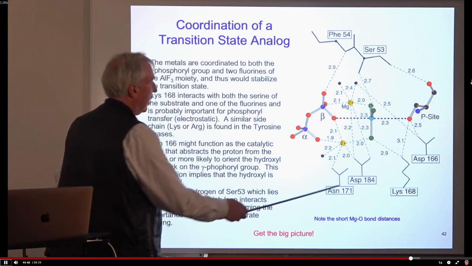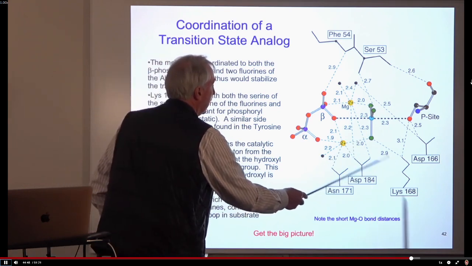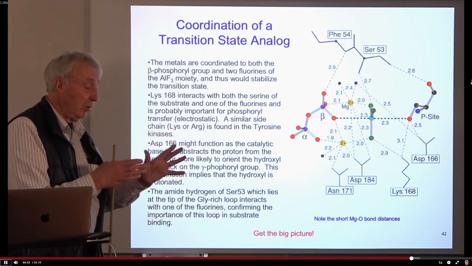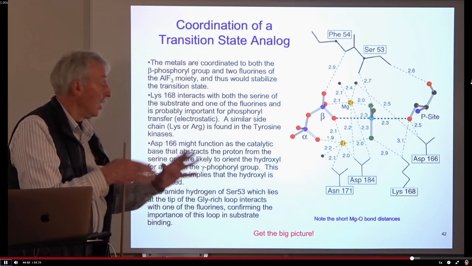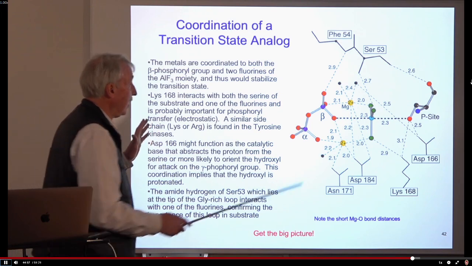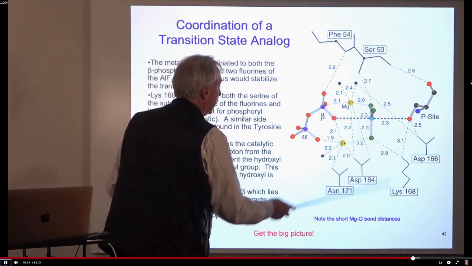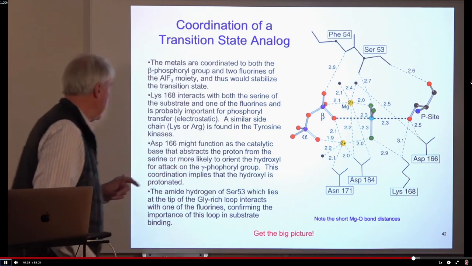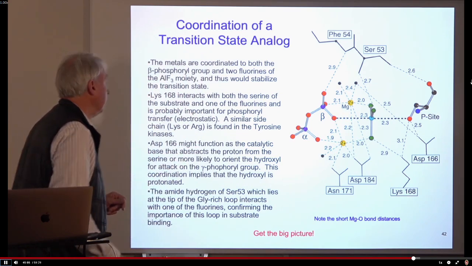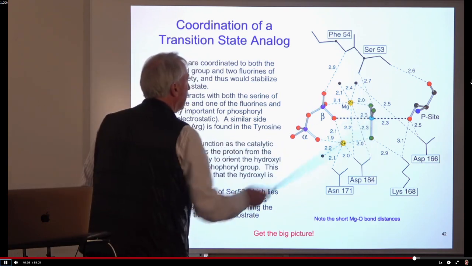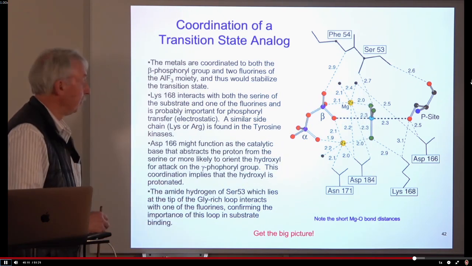Then you'll notice there's a lysine, and additional residues that serve to coordinate and stabilize this trigonal moiety in the active site. In other words, they're preferentially recognizing the transition state for phosphoryl transfer rather than the ground state. And you'll notice this forms an important interaction.